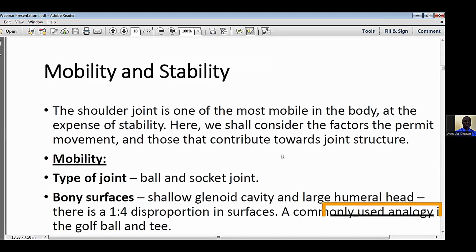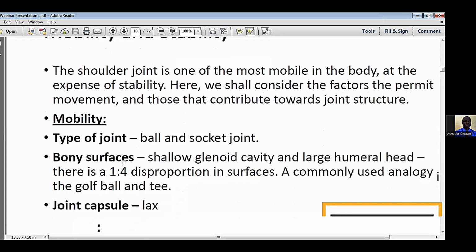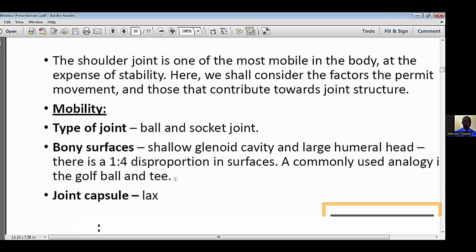It is a ball and socket joint, with shallow bony surfaces and a large humeral head. There is about a 1 to 4 disproportion in surfaces. The common analogy is a golf ball and tee. When you put the golf ball there, you discover the golf ball is only sitting, it doesn't enter.